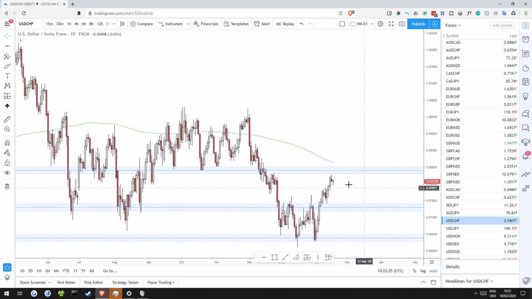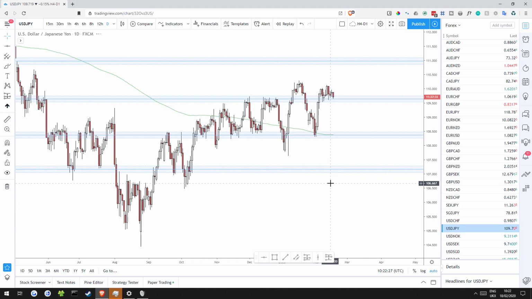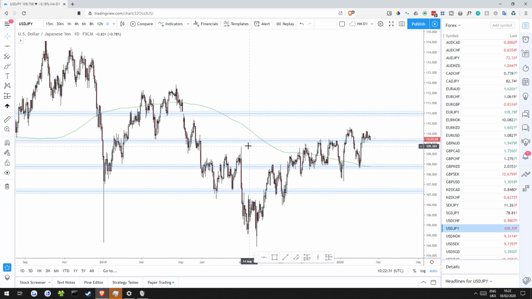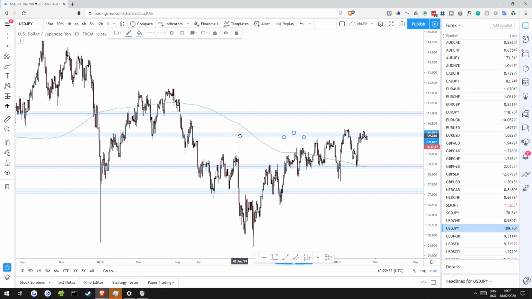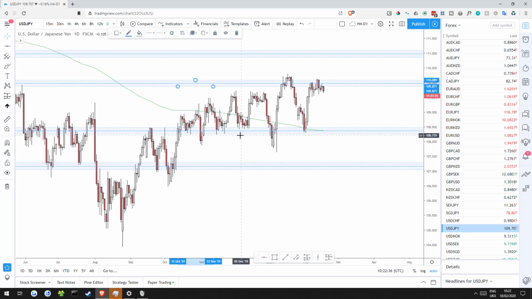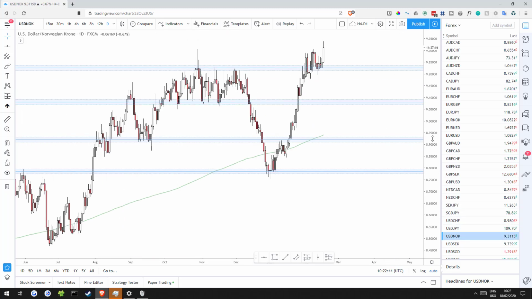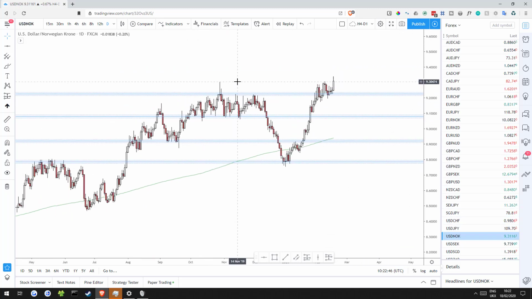USD CHF is nothing. USD NOK is making new highs again.